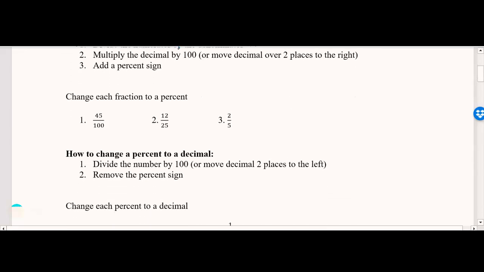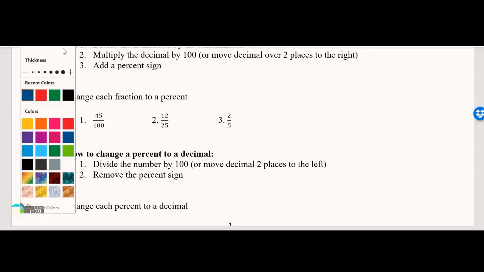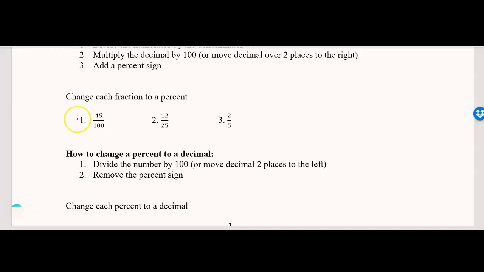So let's start here. We're working with 45 over 100. So you're going to take 45 divided by 100, and you would get 0.45. Now, you can take that 0.45 and multiply it by 100, or what I was saying is you move the decimal 2 places to the right, which means this would equate to 45%. 12 divided by 25.